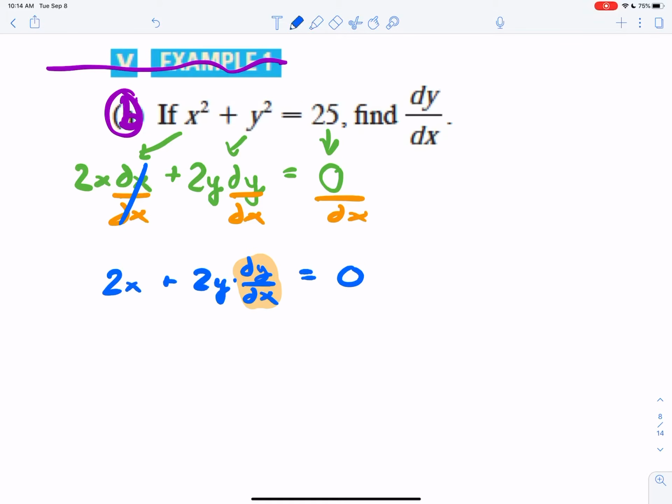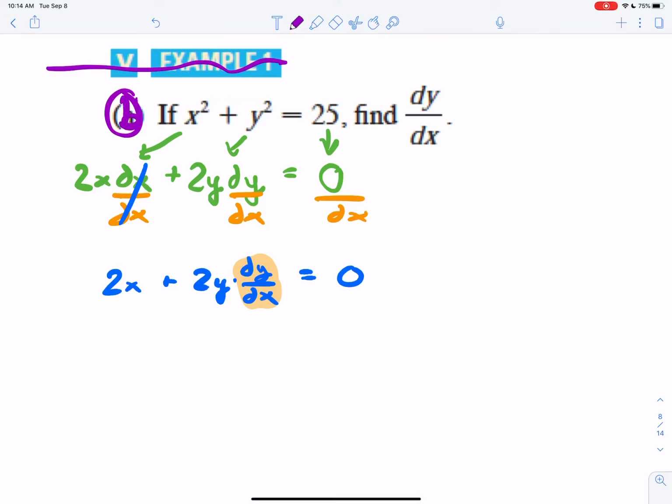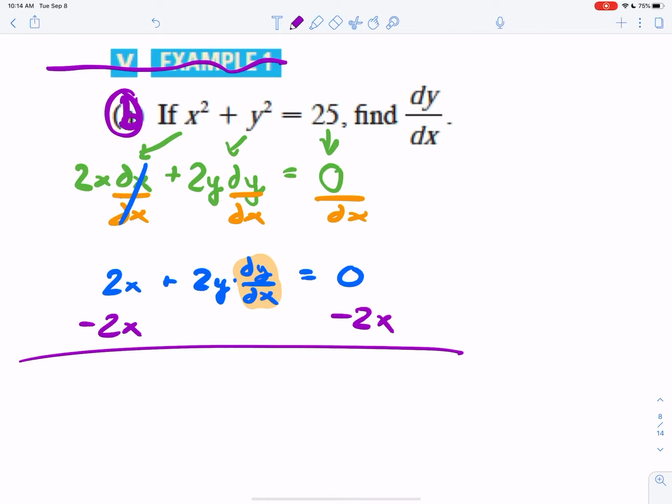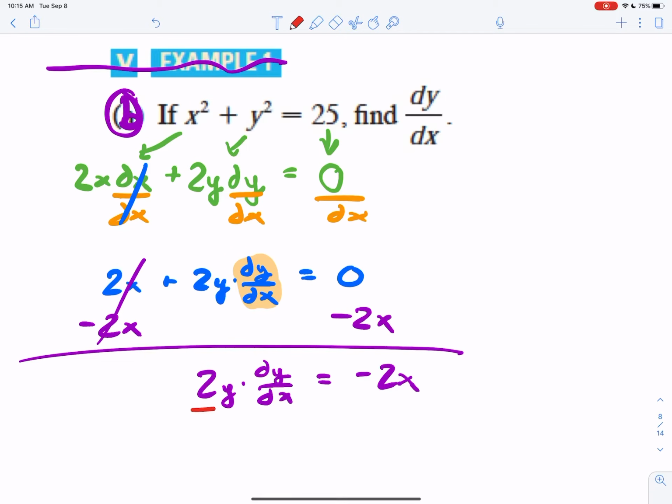So naturally, what would be the first thing that you want to move? Pause and press play when you're ready. We want to go ahead and subtract this 2x here. So now 2y dy dx is equal to negative 2x, because 0 minus 2x is just minus 2x. And then to get dy dx by itself, we divide by 2y.